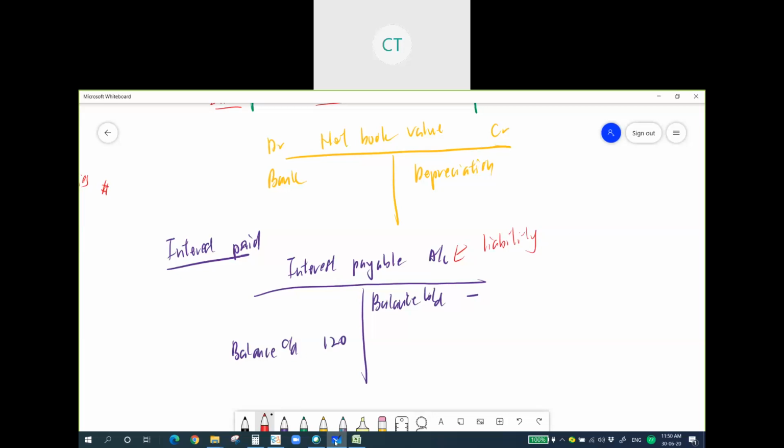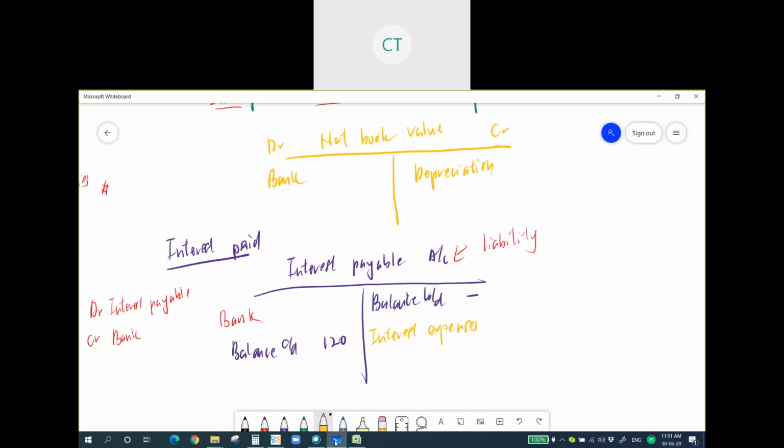So in the interest payable account, we have two transactions. The first transaction is the interest expenses during the year. The next transaction is the payment. Why do I put it in the debit side? Because we debit interest payable and we credit bank account. Credit bank, so debit in the interest payable account.